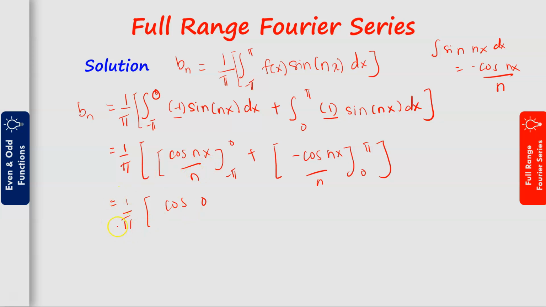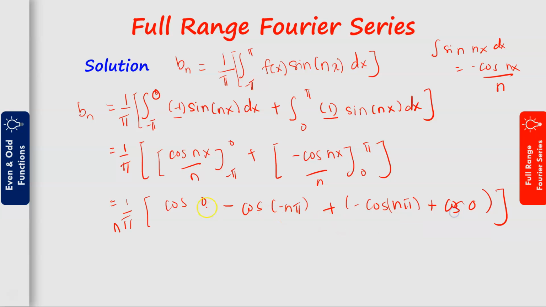I factorize this n and move it outside. I have cos 0 minus cos negative n pi. And then here plus negative cos n pi, minus negative, so plus cos 0.